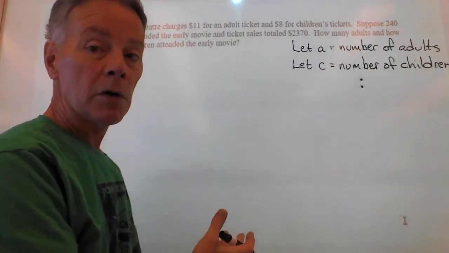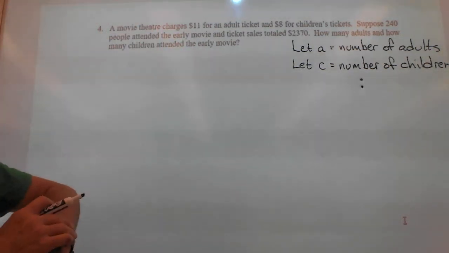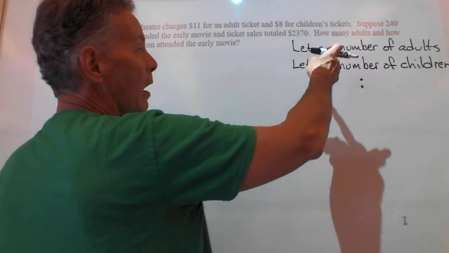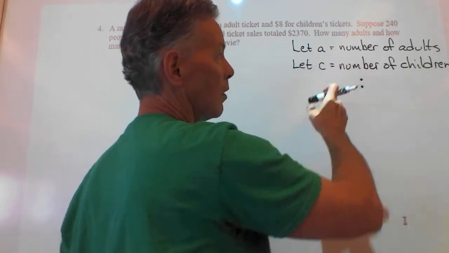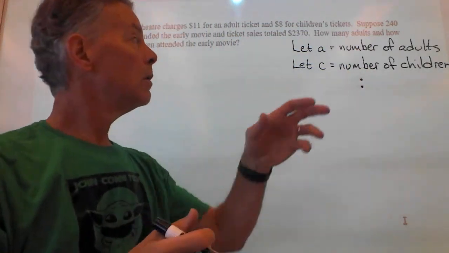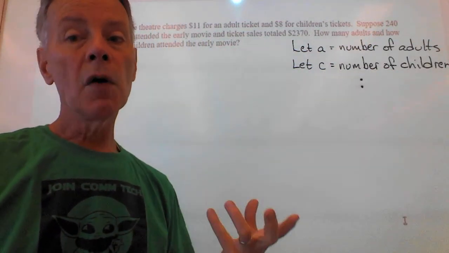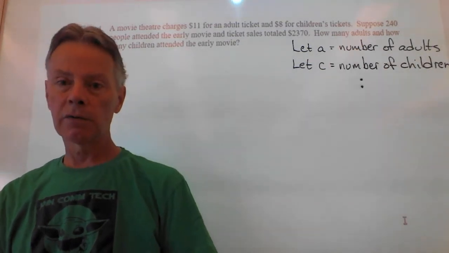So there's our variables. Now we go back to our problem, and it says, we don't know how many adults or children there were, but in total, we know that there were 240 people in the theater. So that allows us to come up with a simple equation, right?